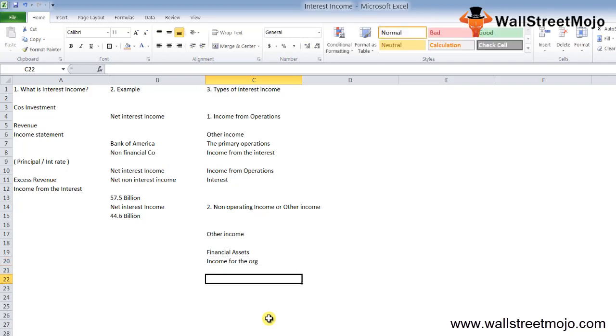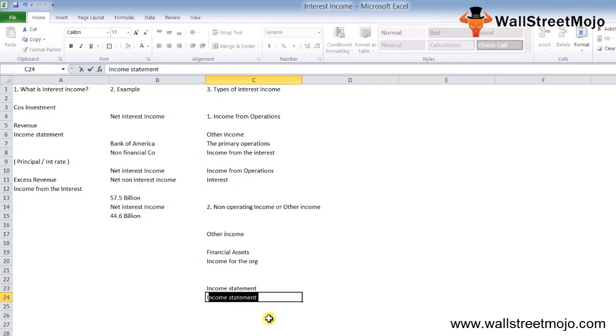So in most cases, the interest earned by individuals or organizations is reported in the income statement either under income from operations or as other income. The Internal Revenue Service, the IRS, has made it mandatory that interest must be reported as taxable income.